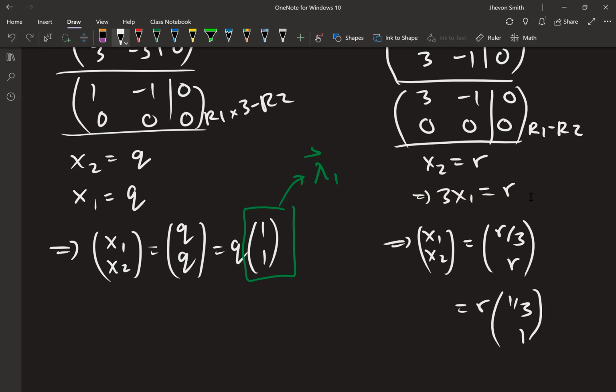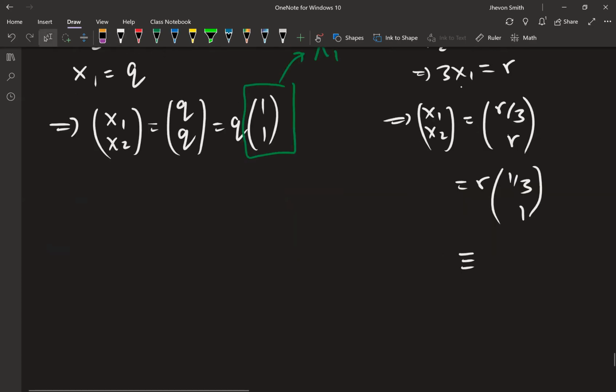And I'm going to scale this just to make it nicer. This is equivalent to multiplying, just scaling by 3, 1 and 3. And I'm going to use this as the second eigenvector.